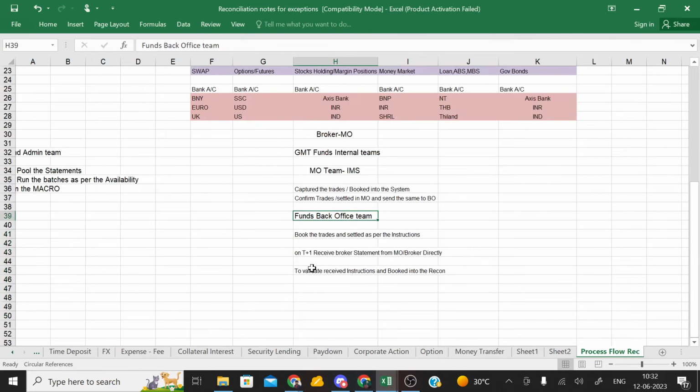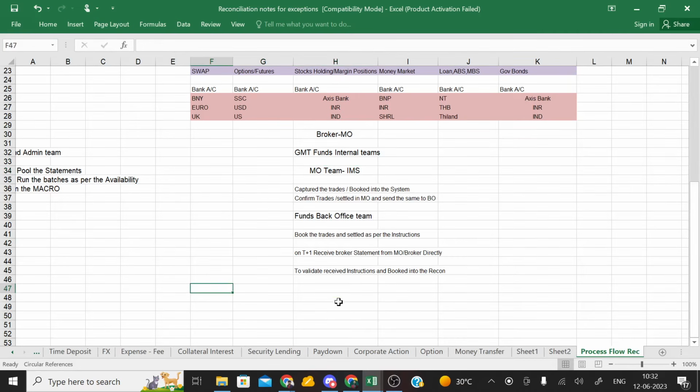For example, let's say under back office team, middle office, we are assuming we have only one team, which is IMS, Investment Manager Service. They work for different markets. But under back office team, for different products, let's say for a loan product, syndication team, we have a different team.